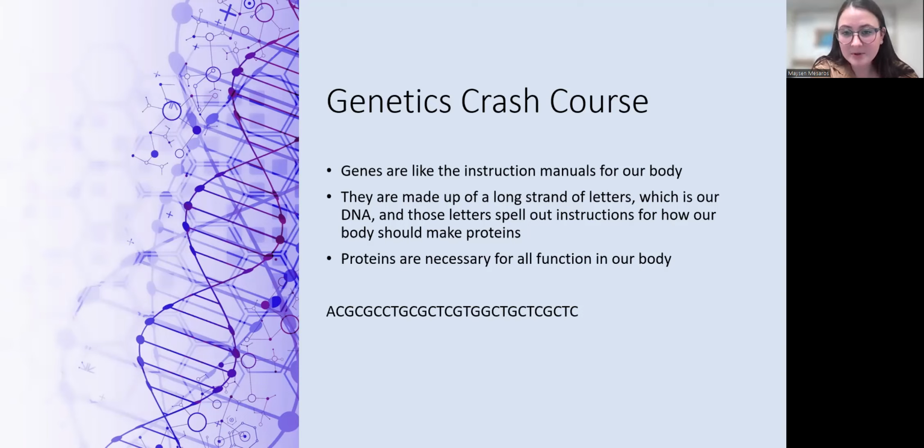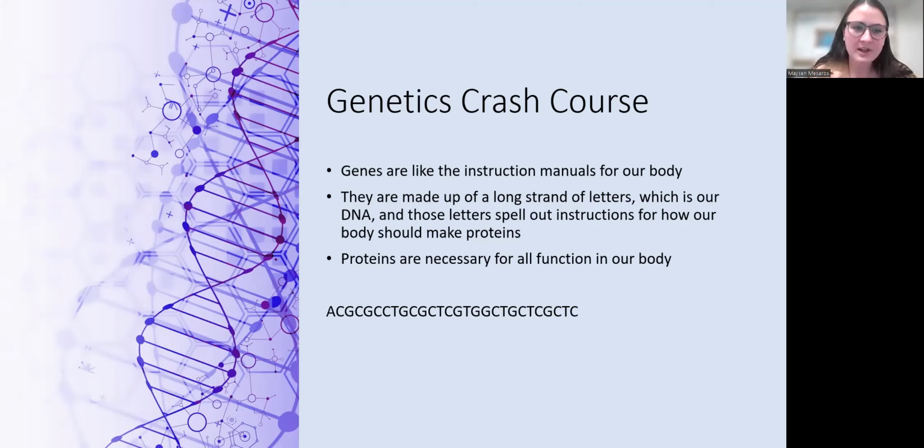And those letters provide instructions for how our body should be making proteins. Our proteins are necessary for every single function in our body. So our proteins are necessary to keep us healthy, necessary for our development. So it's very important that our genetic instructions are correct and making functional proteins so that we can stay healthy from disease and develop normally.